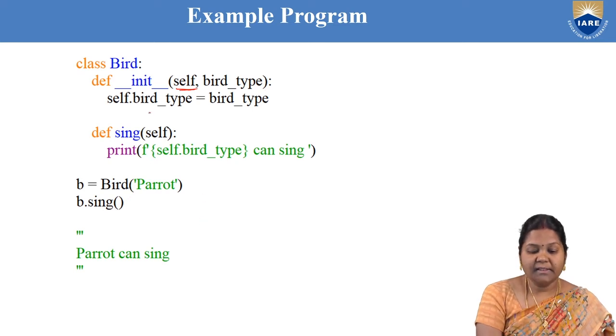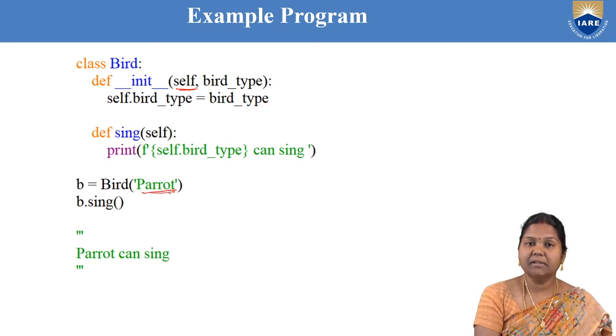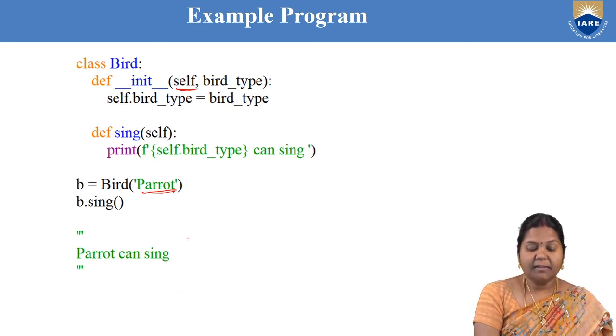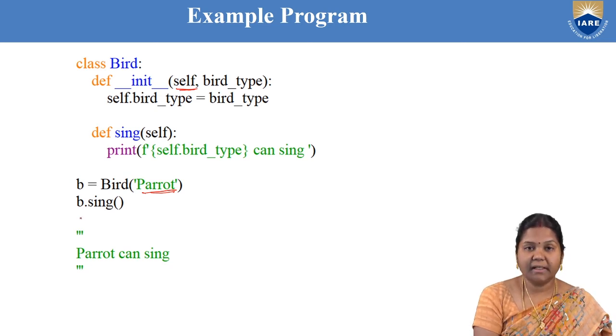Then the self variable does the binding task, that is self.bird_type is equal to bird_type. That means whatever bird type we pass, suppose while creating the object we pass the bird type as parrot, this bird type will be bound with the instance methods. Then we have defined our own method called sing, and self is the default argument.